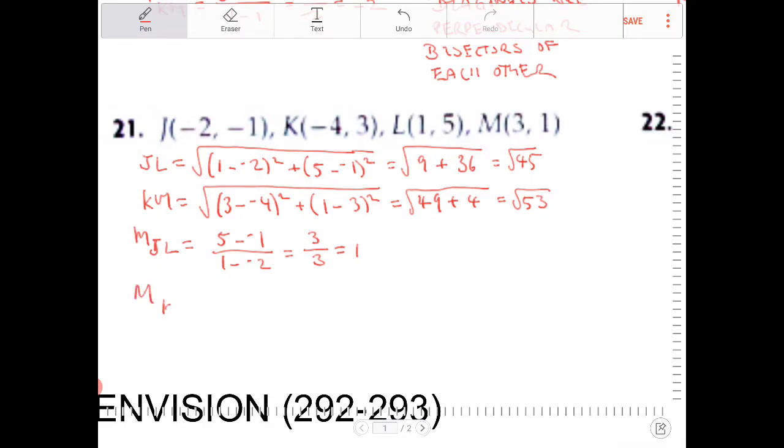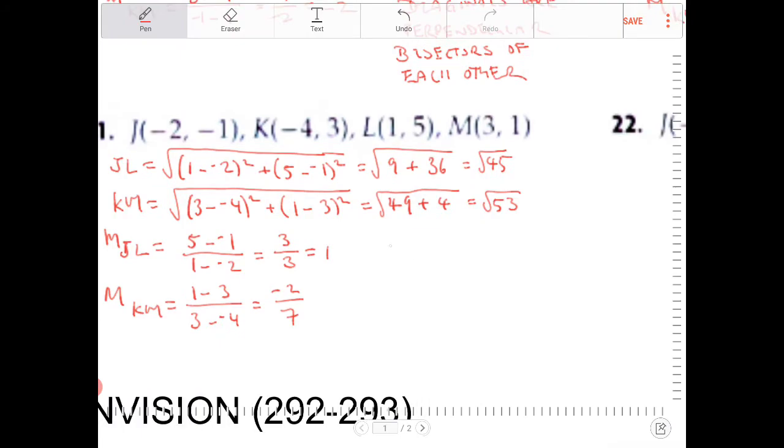Slope of KM is equal to 1 minus 3 over 3 minus negative 4. And that is negative 2 over 7. So this is neither.